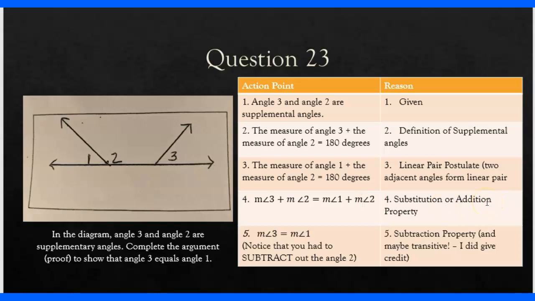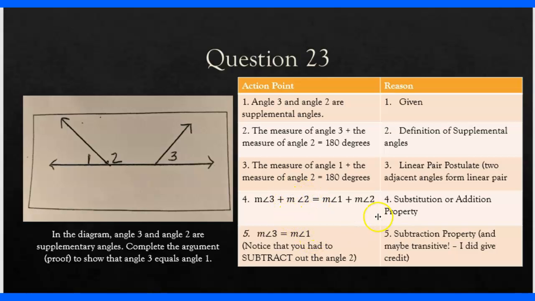Now I think only one person got this. We have this little equation up here, and it's sort of like an algebraic equation. Since I have 2 on this side and 2 on this side, if I subtract it out, I get angle 3 equals angle 1.